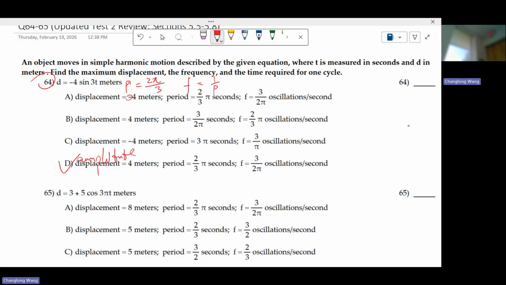So that's why I'm not going to be too crazy about explaining to you why displacement has to be a vector. But just make sure that when it comes to displacement for a simple harmonic motion for our test, it's as simple as amplitude, right? And you're never going to go negative for the amplitude, okay? Now, one more, and you're good to go.